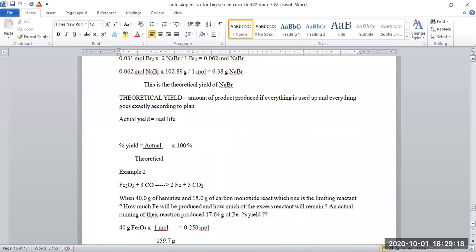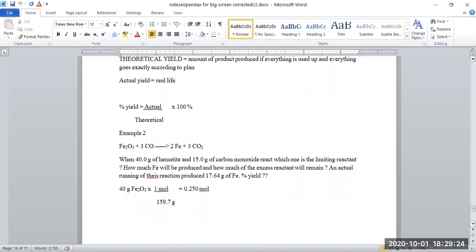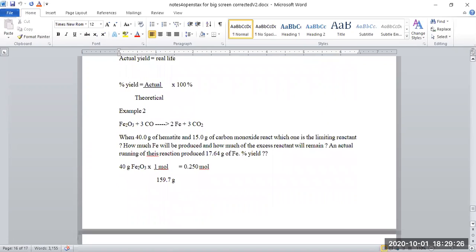And I have one last kind of messy looking problem. Iron oxide, also known as hematite, and carbon monoxide. If you stick the two of them together, you get iron as a pure element, but you also get some carbon dioxide.